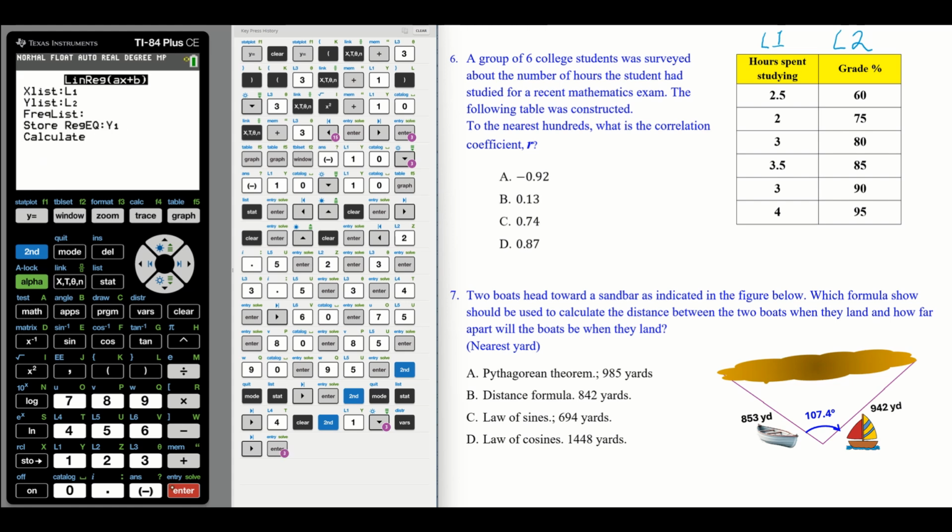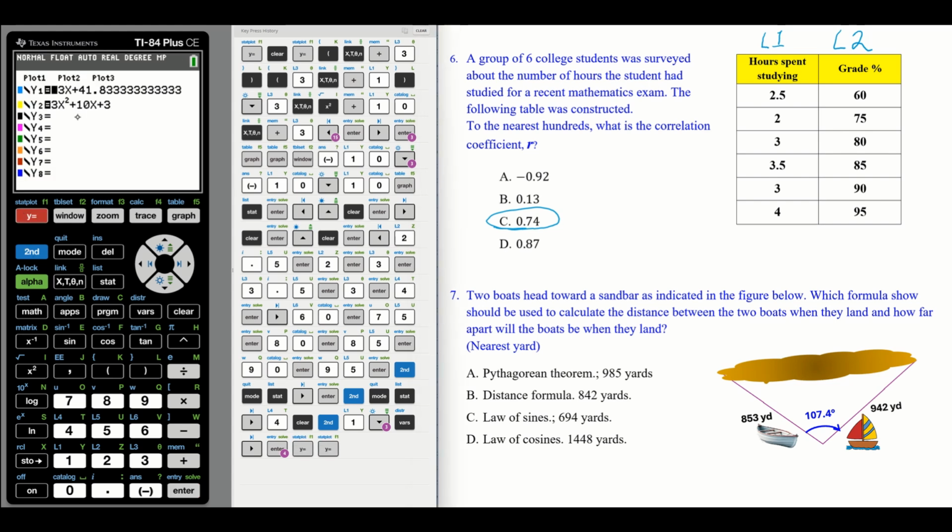Okay, now enter again. Now, we already have our R value. Well, that gives us option C. But the reason why I saved it for you, okay, so let's go back to our Y1. See, it's saved over it, but we need to get rid of our last part of our problem.